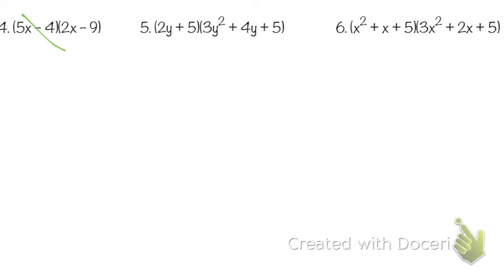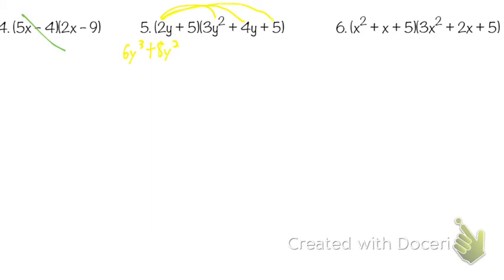So we're still going to do everything in the first times everything in that second. So it's still going to be 2y times 3y squared, times 4y, but also that 5. Let's walk through that. 2y times 3y squared is going to be 6y to the third. 2y times 4y is going to be 8y to the second.